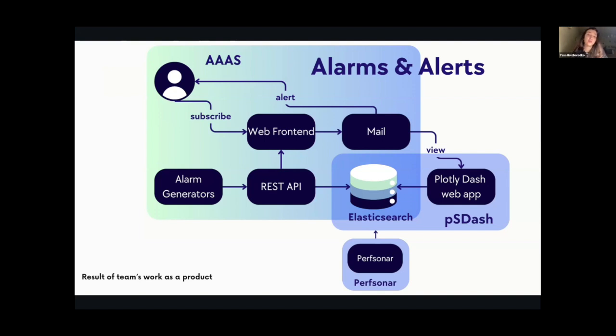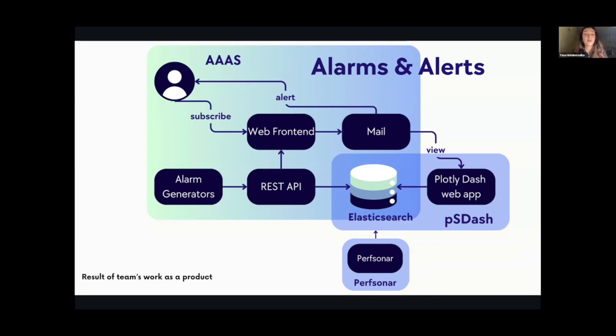If I wanted to present what my mentors are working on, I would present it as a product. The key product of their work is this alarm and alert system. Here you can see the structure of this system. If you are a user of the network and you would like to know what is going on and why you have some issues, you can use the web app.